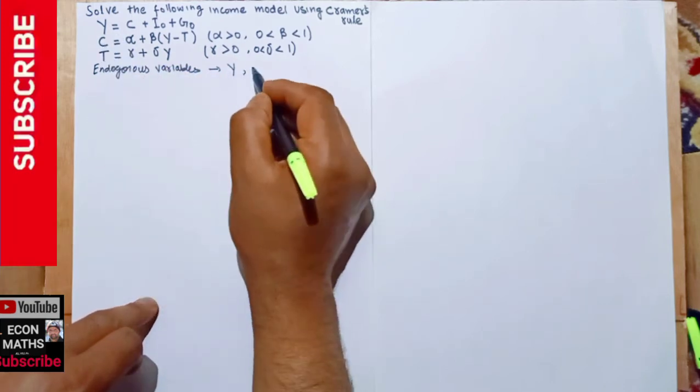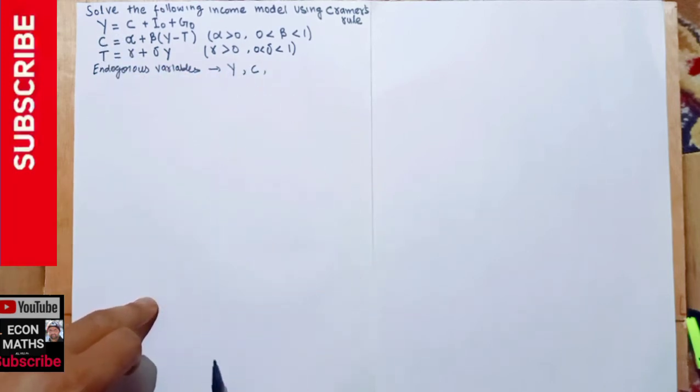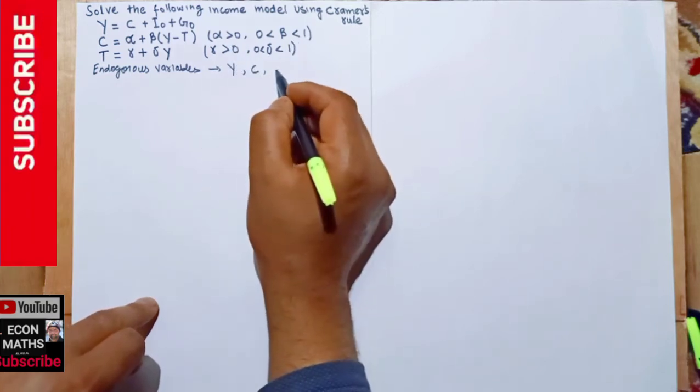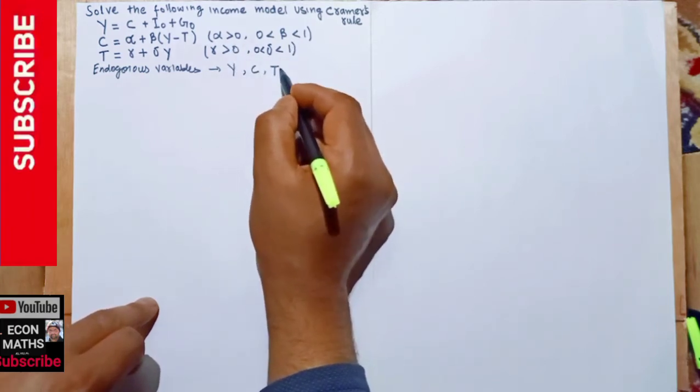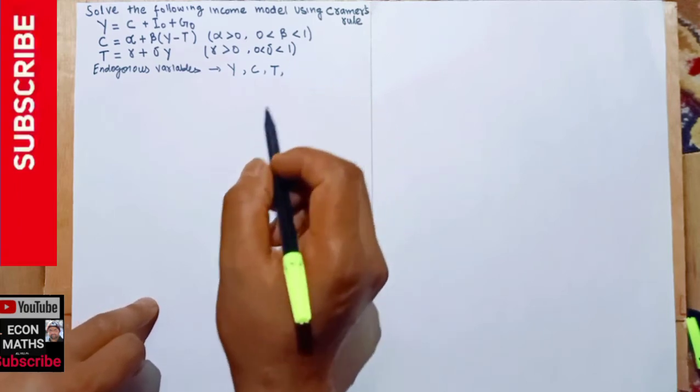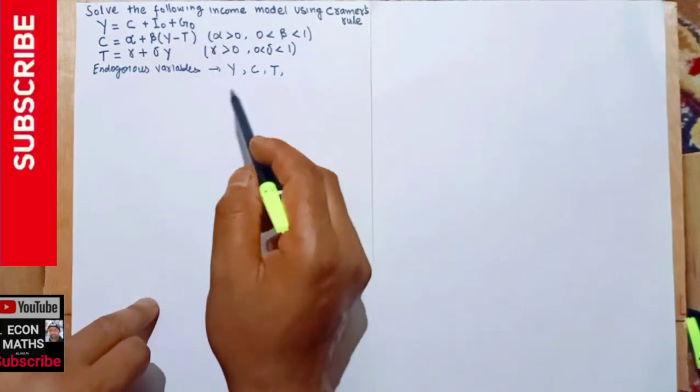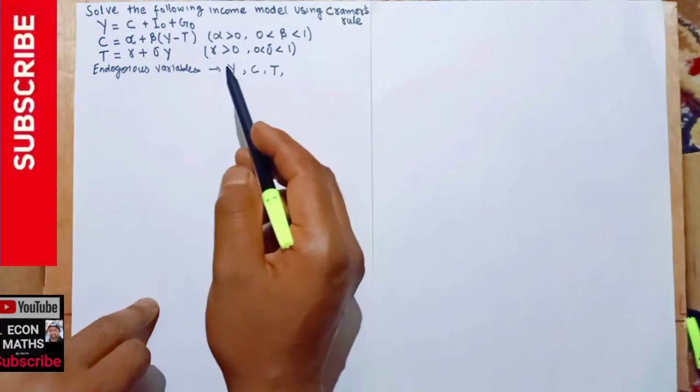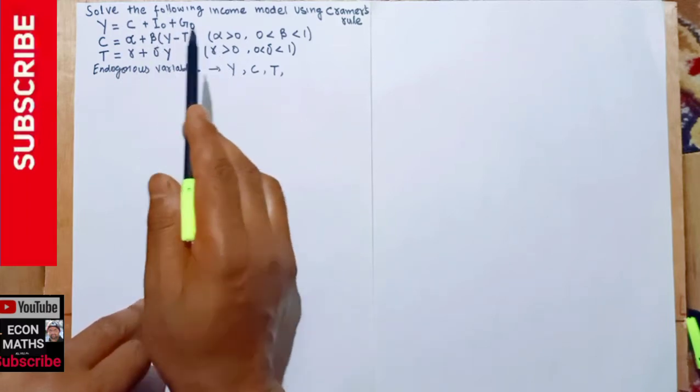Similarly, this consumption is an endogenous variable, and this taxation, that is t, this tax rate, is also an endogenous variable, because these values are found within the model.